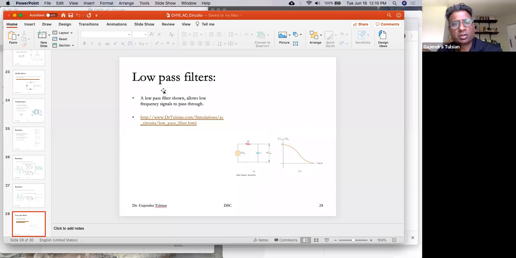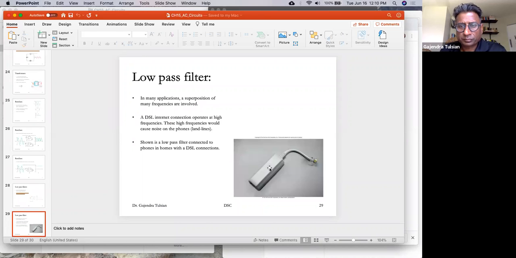All right, so we'll talk about low pass filters. If you had a DSL connection and a landline, now landlines are a thing of history.